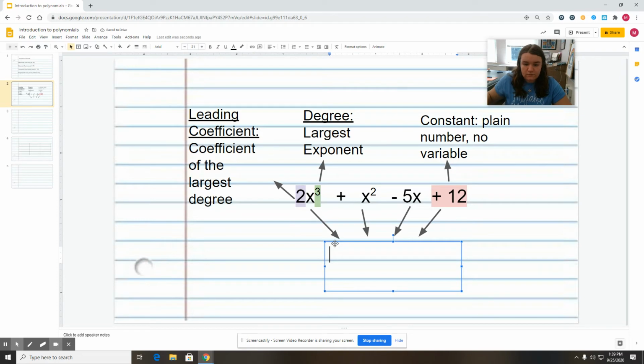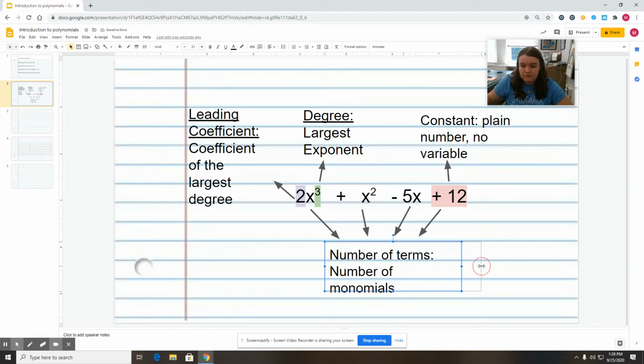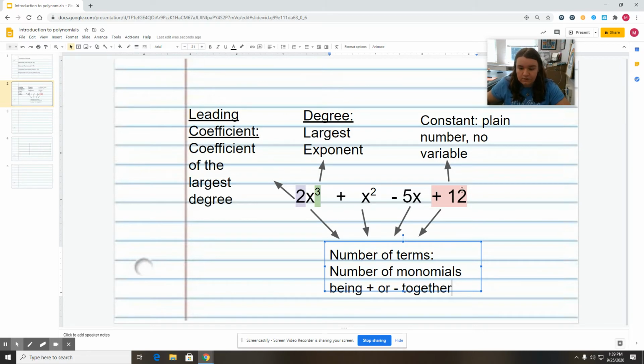So the number of terms is just however many pieces, number of monomials, the different pieces being added or subtracted together. So here we had 4 things being added or subtracted together, 4 monomials. So that would be 4 terms.